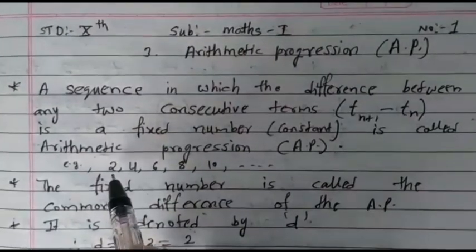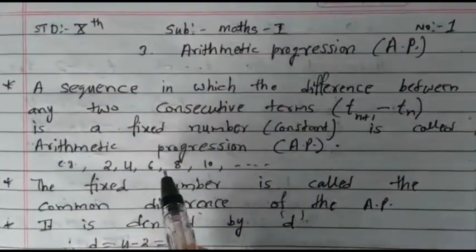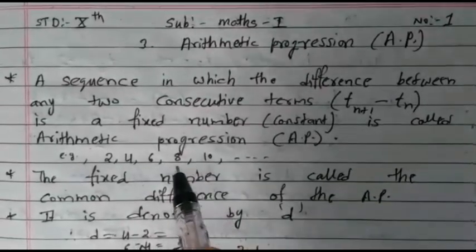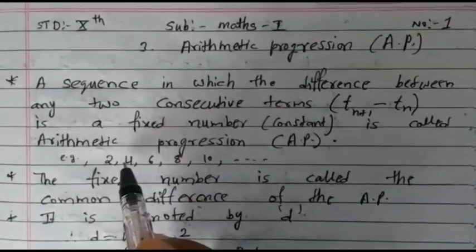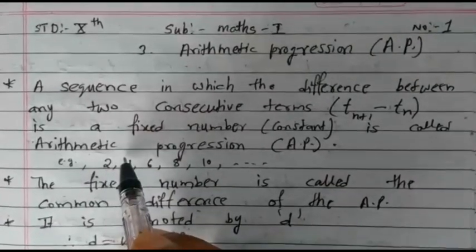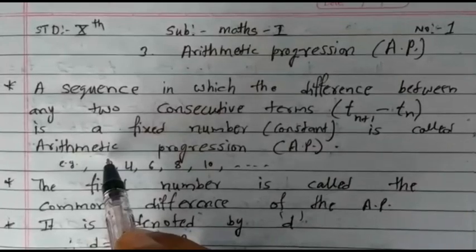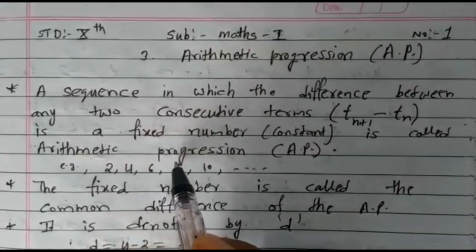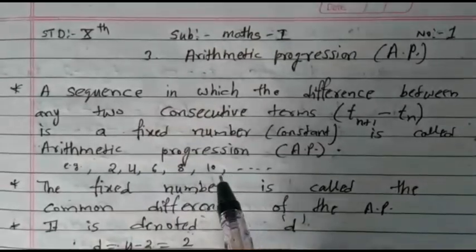For example, 2, 4, 6, 8, 10. This is a sequence. Now what do consecutive terms mean? This is the first term, this is the second term, so this is known as t1, this is t2, next t3, next t4, and so on.